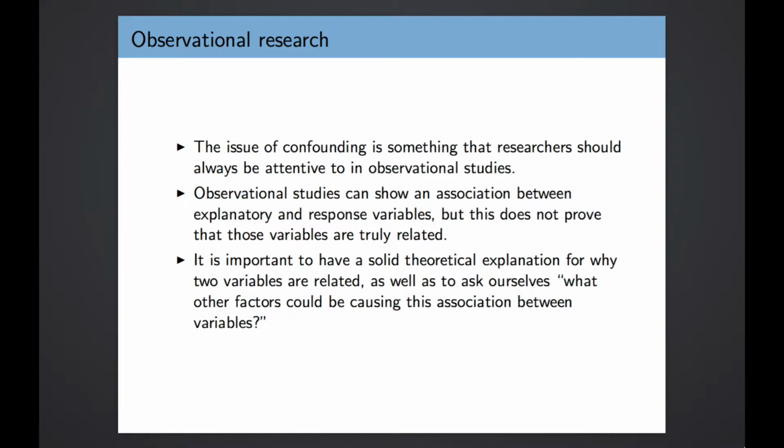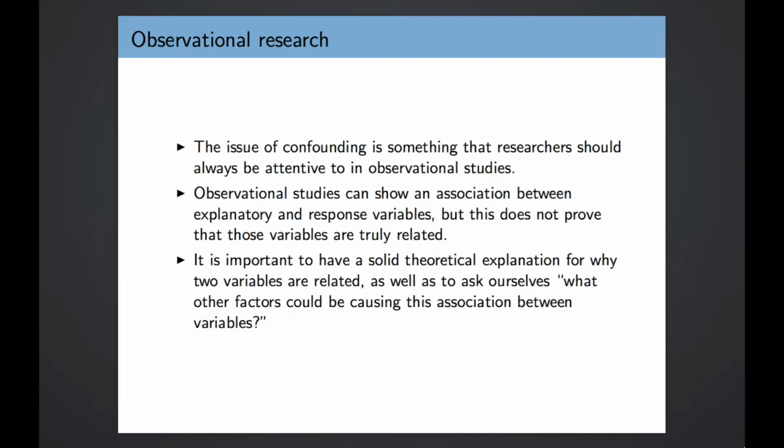In observational studies, we can see an association between an explanatory variable and a response variable, but this does not prove that these variables are actually related to each other, and it doesn't prove that one variable causes another. So we can use evidence, this association that we find, to provide support for an idea, a theory, a hypothesis about the actual relationship between the explanatory variable and the response variable.